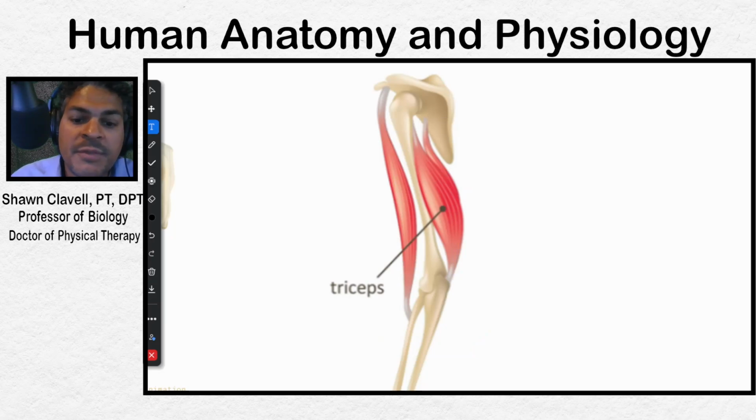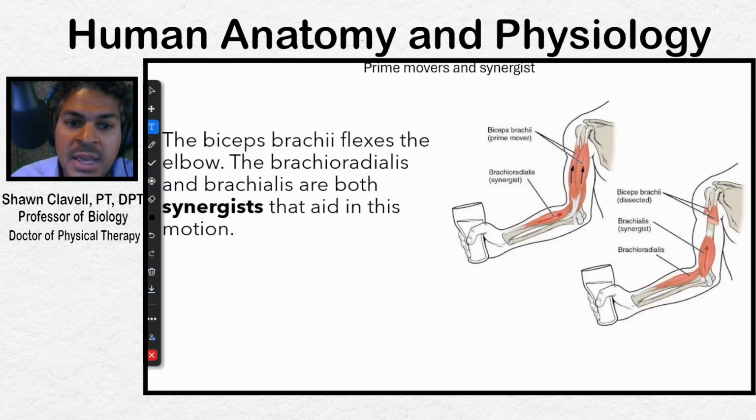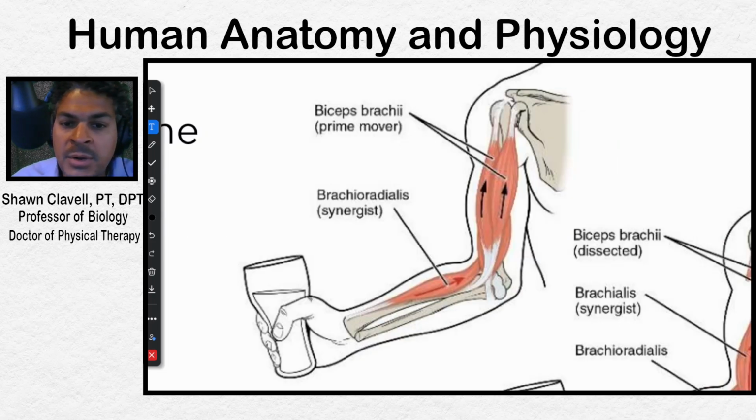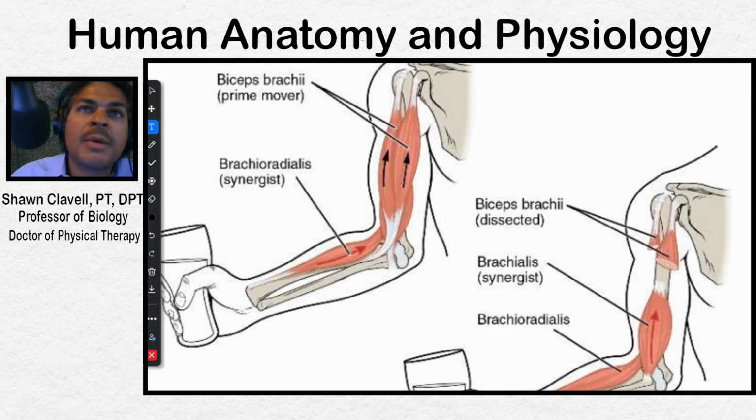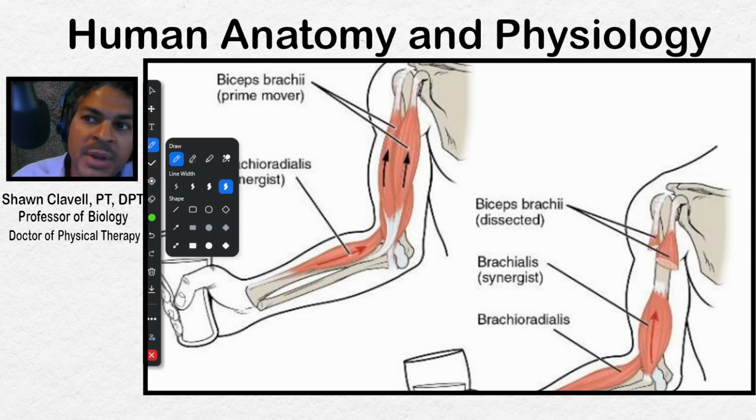Now we've got one more definition, that of a synergist. A synergist is a muscle that aids in a particular action. If we zoom in here, we'll see two muscles that are synergists to the biceps in elbow flexion. This is an example of perhaps picking up a glass or a cup and bringing it to your mouth.